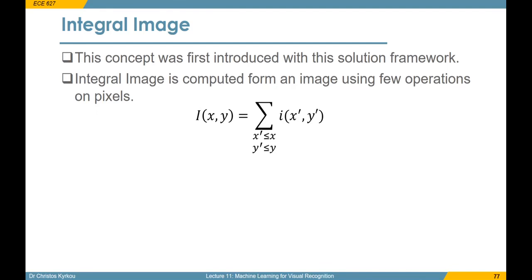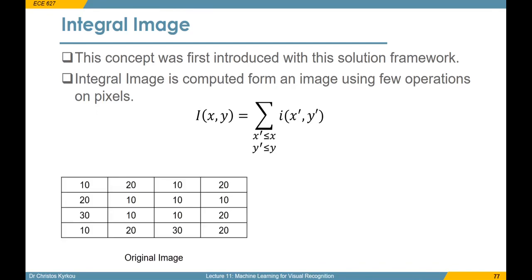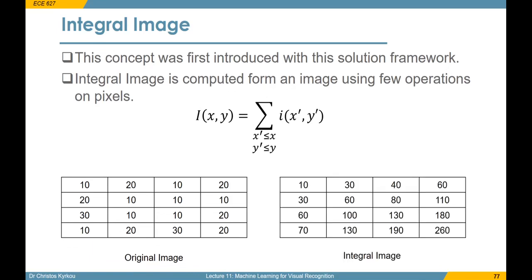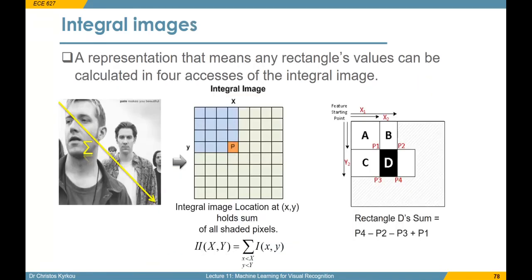Basically, it can be computed once for an image, and for any given point in the integral image, it holds the sum of the areas that are above and to the left of that particular point. Here I think it's much clearer to look at. The point P holds the sum of all the pixels that are above it and to the left.